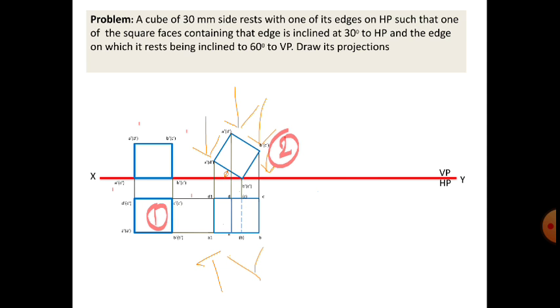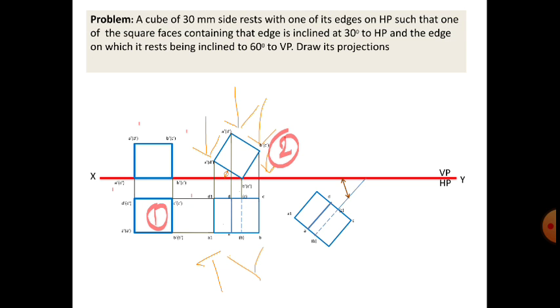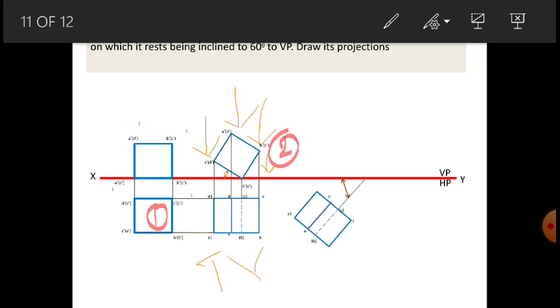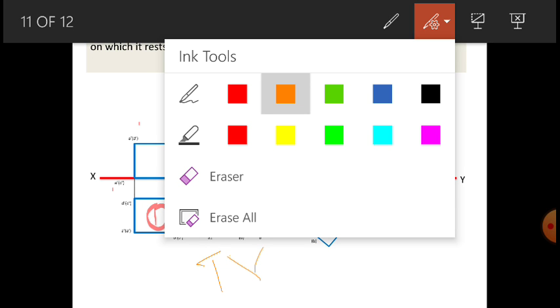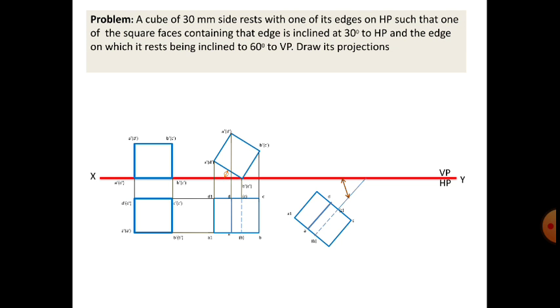This is your second part of the question, or rather the third part of the question: the same edge is resting with an inclination of 60 degrees to VP.